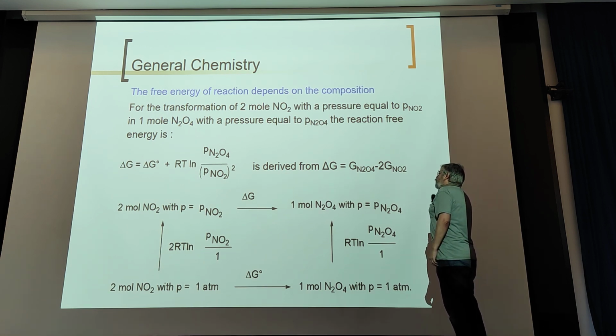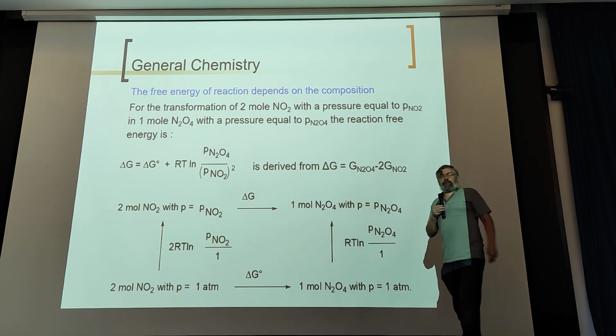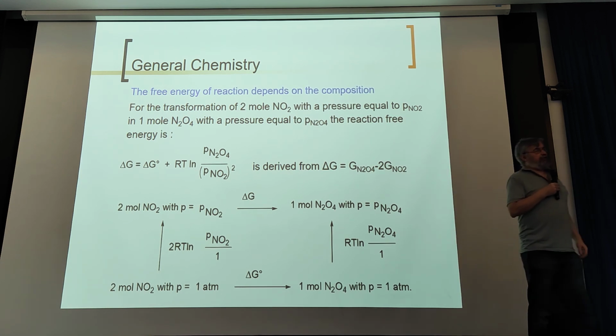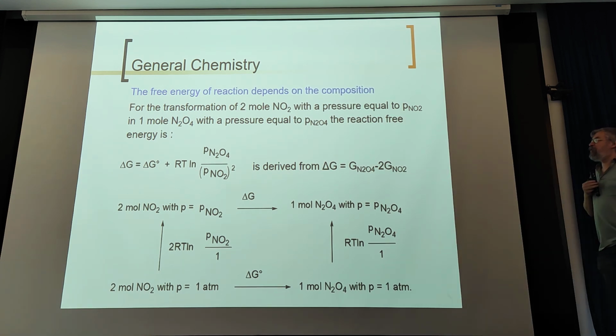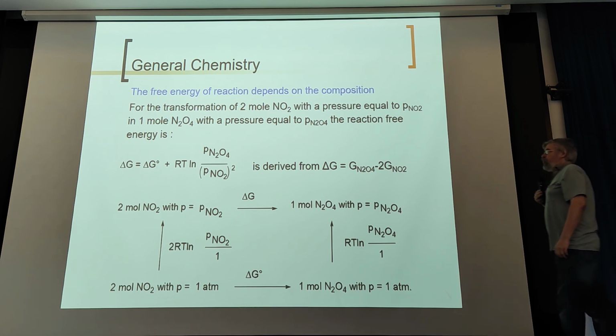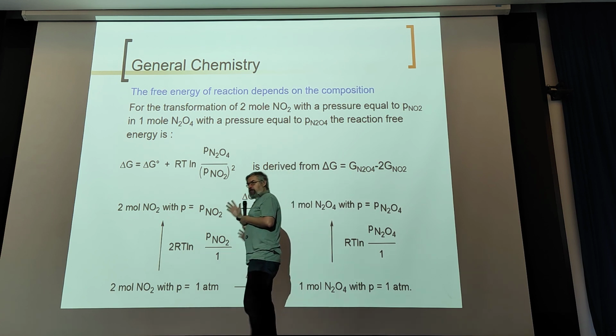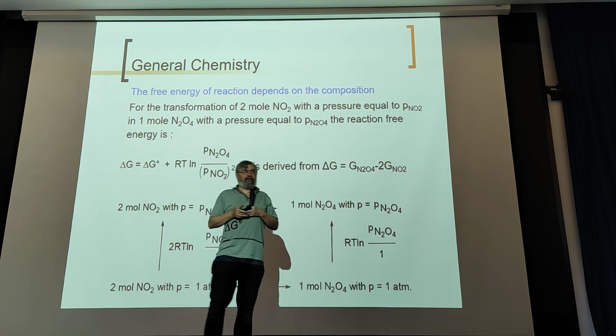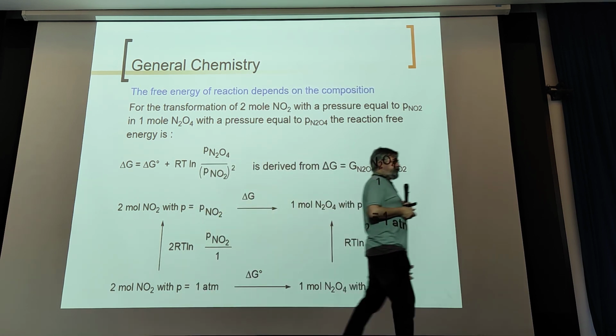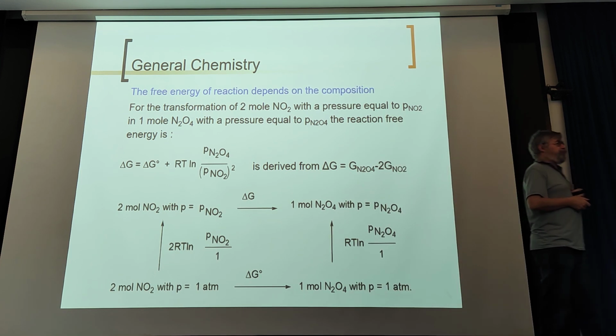So how can we express this more in terms of the different reagents and products? So we now can say that we have a delta G, which is equal to the delta G at standard conditions for the reaction, plus a term RT ln of the pressure of the products, N2O4, divided by the pressure of the reagents.